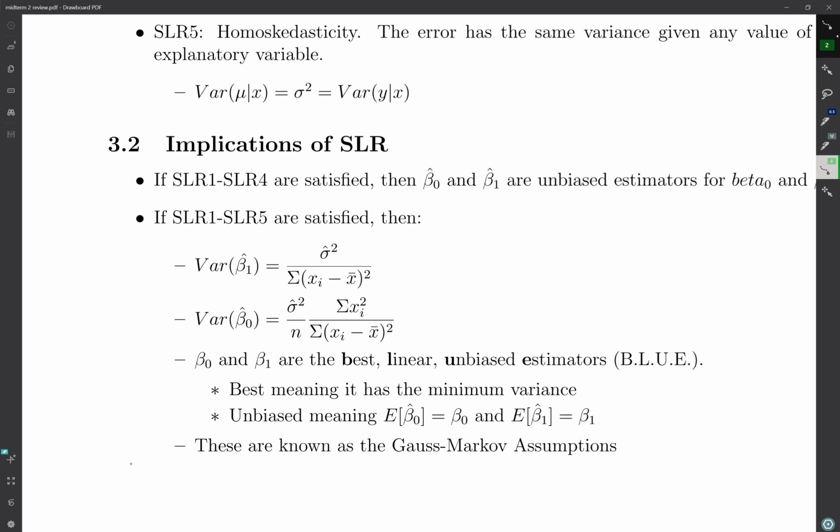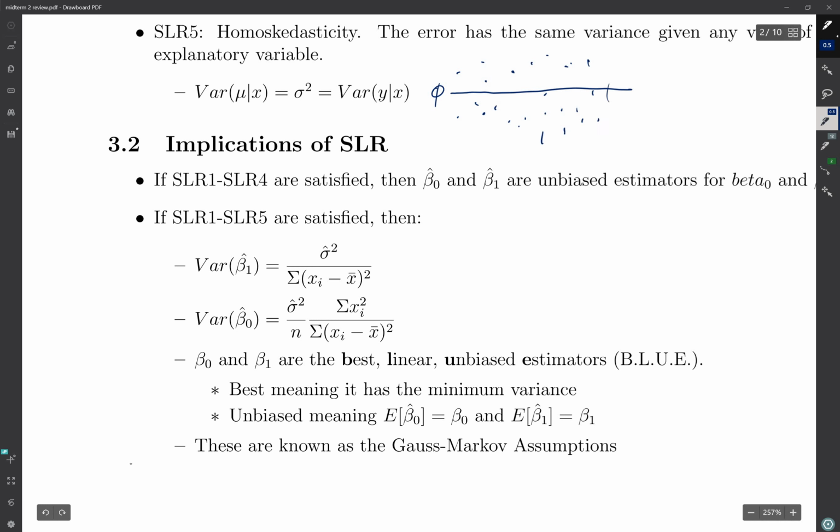Homoscedasticity, so SLR5. This basically means that our variance is going to be the same given any explanatory variable. So in other words, if I graphed the residuals, okay, so this is at 0, what we want to say is that they are random about 0. Okay, that would mean we're good.